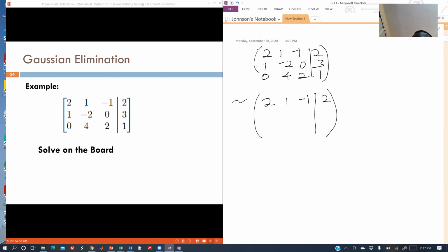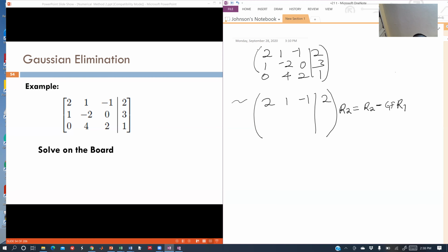We're going to have it as row 2, the new one, is actually equal to the old row 2 minus the Gaussian factor times the pivot row, which is row 1.